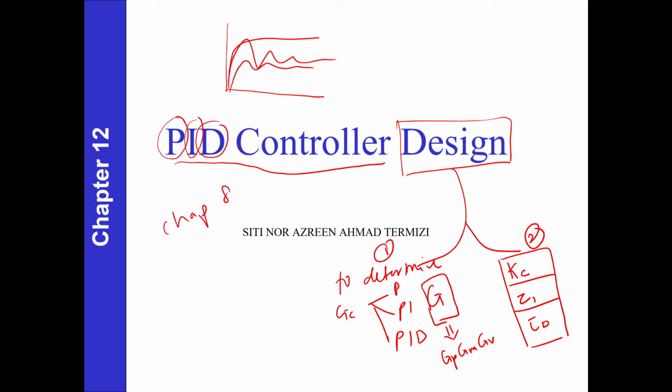And in this topic, chapter 12, there are three major components. The first one is for you to design. The second one is you just use a tuning relation. And the third one is online tuning.